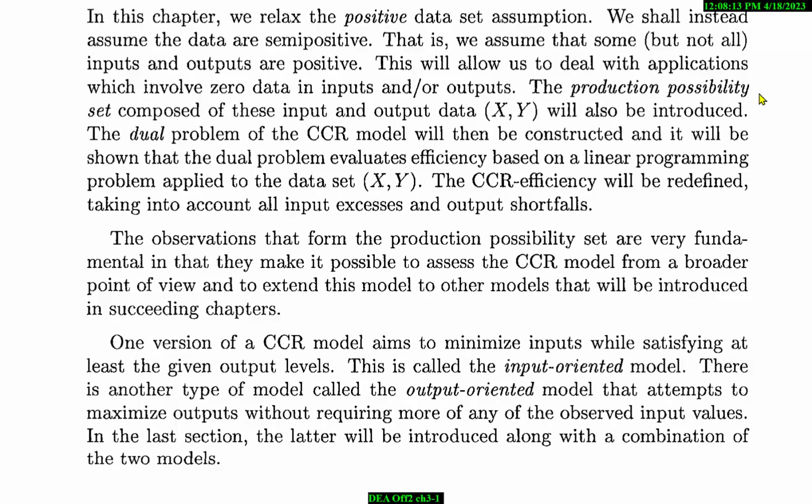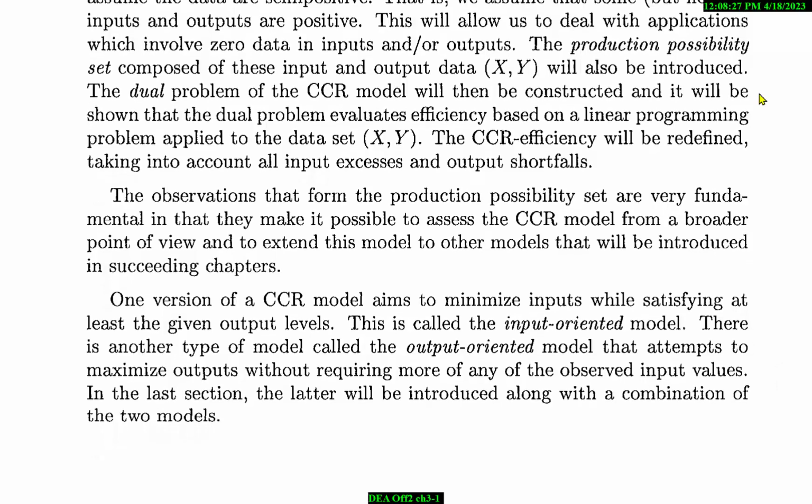The production possibility set composed of these inputs and outputs data X and Y will also be introduced. We name it also PPS. Based on the production possibility set, the CCR model will be obtained in another way than what was shown.